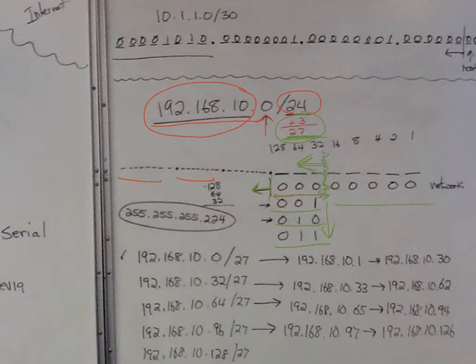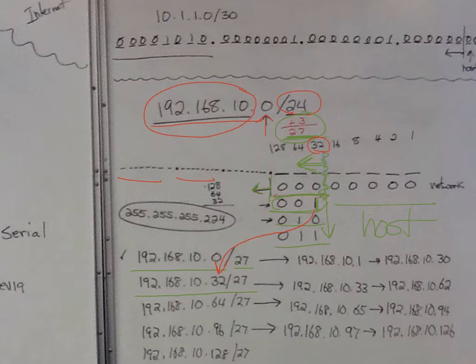And we have these bits left for host. So we took the first one, 0, 0, 0, we wrote it out, and it's a /27. Then we took the next one, which gave us this one right here, gives us the 32 right there. One group of 32.